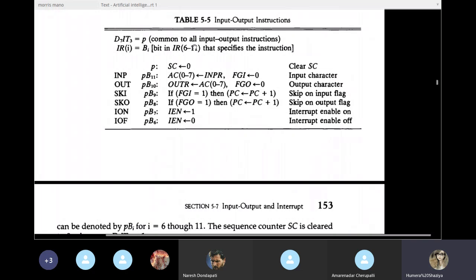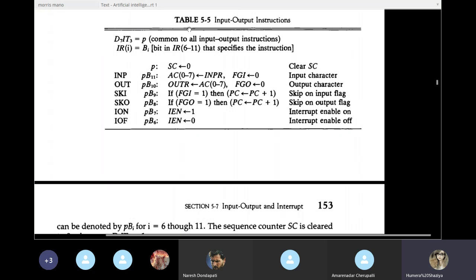These IO operations are performed when the instruction register has 111 in the opcode section, and bit 15, the mode bit, is also 1.